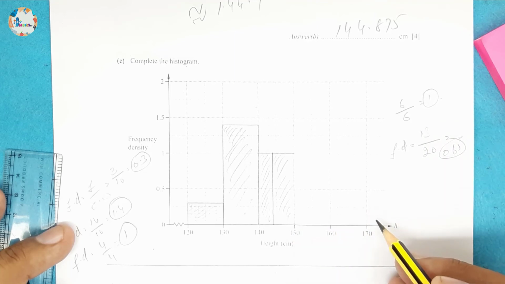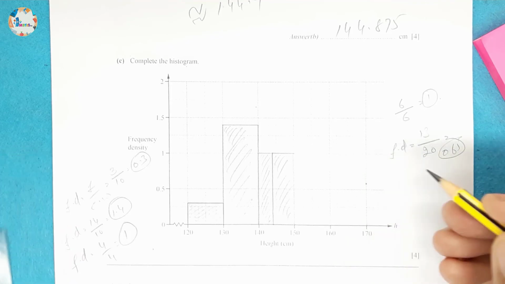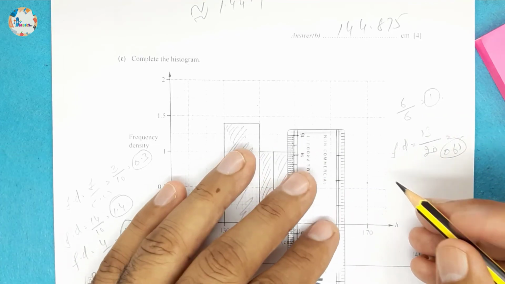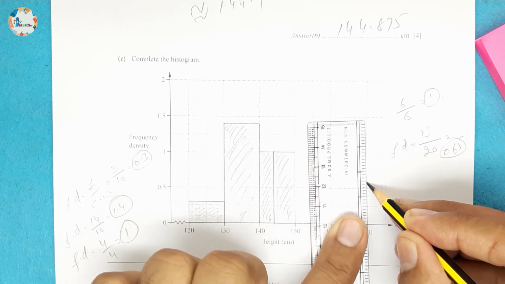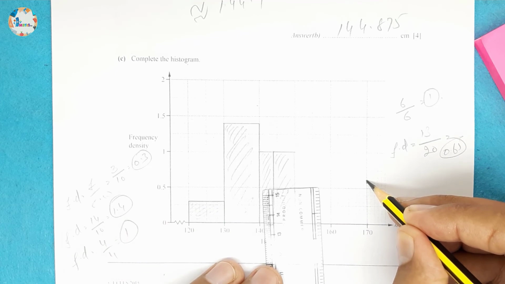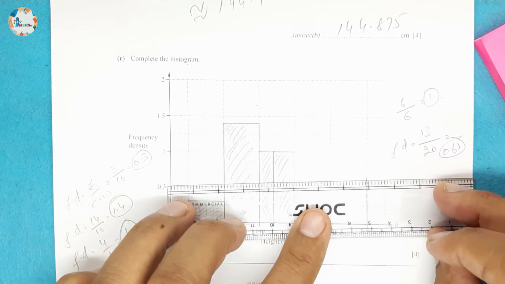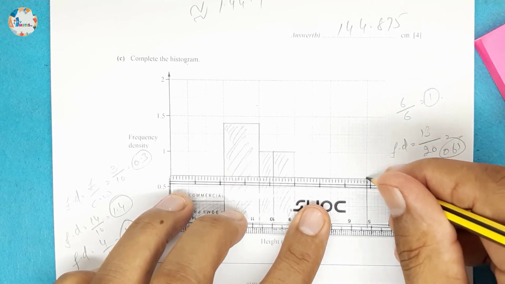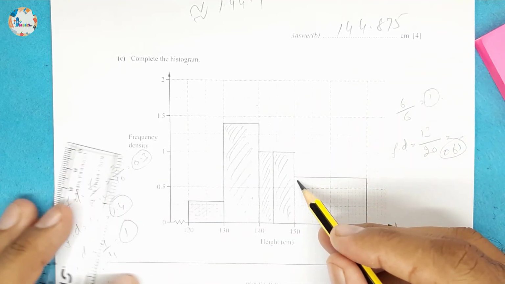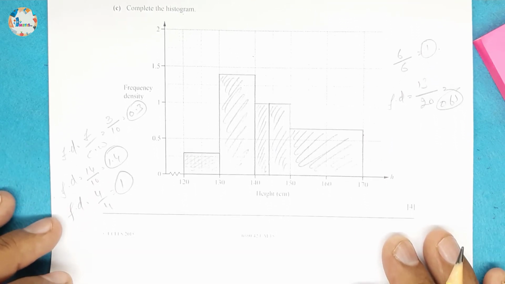So 150 to 170 will be 0.65, we can take up to this mark. So this will be 0.65, and this is basically the histogram. So all 4 bars are completed.